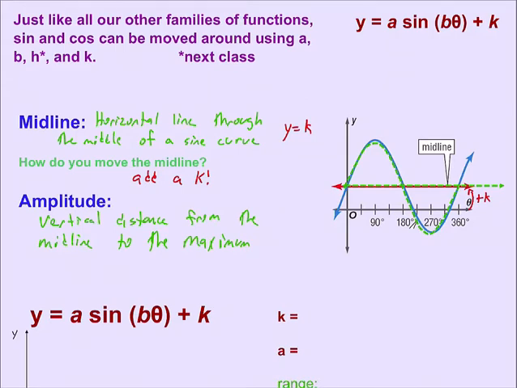So going back to our parent function again, I'm going to drag this down here just for a moment. The amplitude here would be the distance from there to there. And we know in the parent function that we get as high up as 1. If it gets higher than 1, that means the amplitude must be bigger.